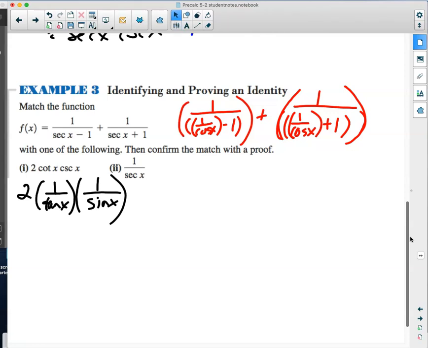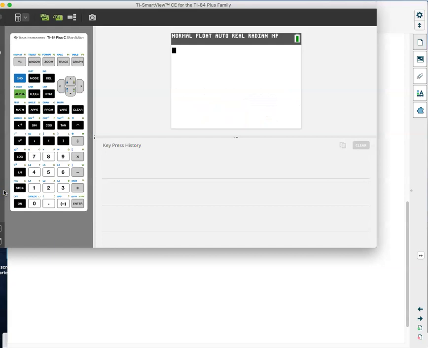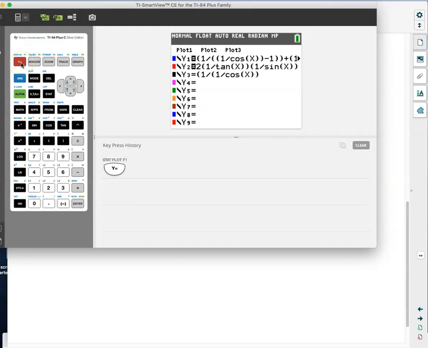So here's what we're hoping to see. I'm hoping I don't have to punch in the third one, 1 over secant of x, although that'd be the easiest one to punch in. And yes, I cheated and did it this morning because I was really worried as I punched it in up here that my smartboard would crash and we'd have all kinds of trouble to try to figure out which one was which.